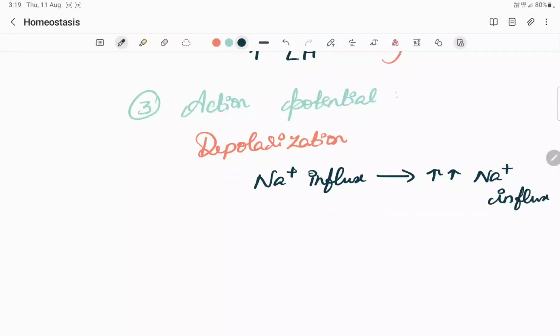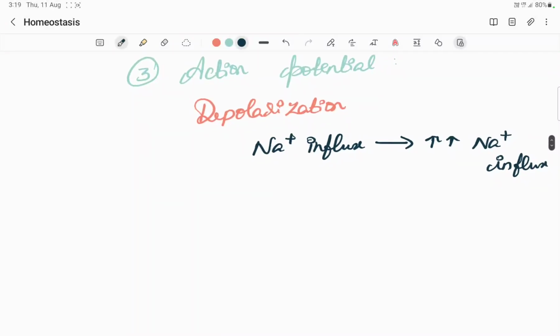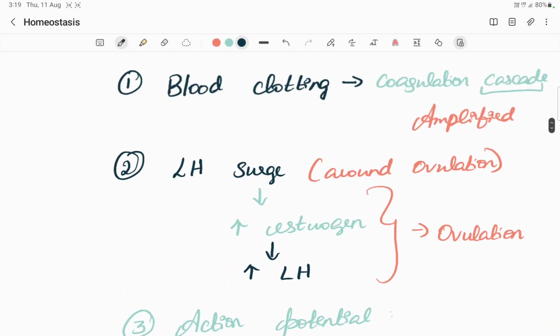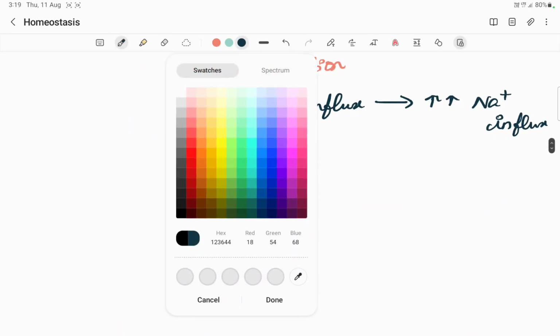That's it, right? In depolarization, when there's sodium influx, it further increases sodium influx. Coming to the fourth example.